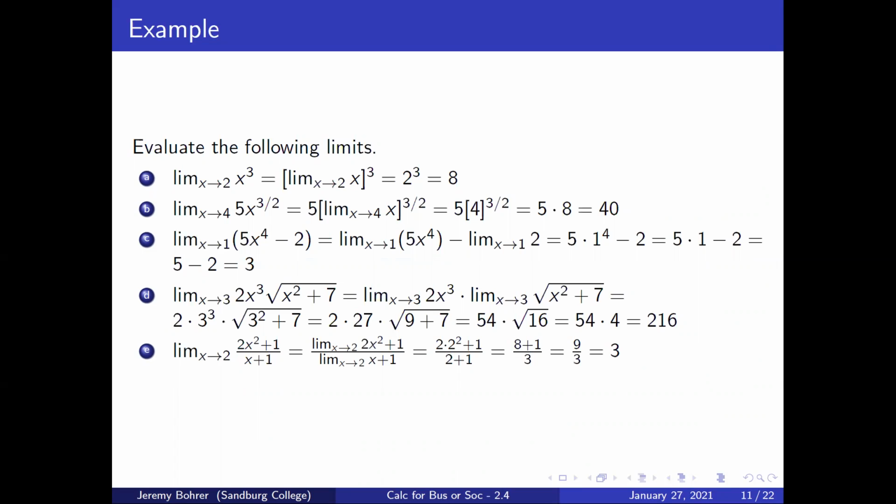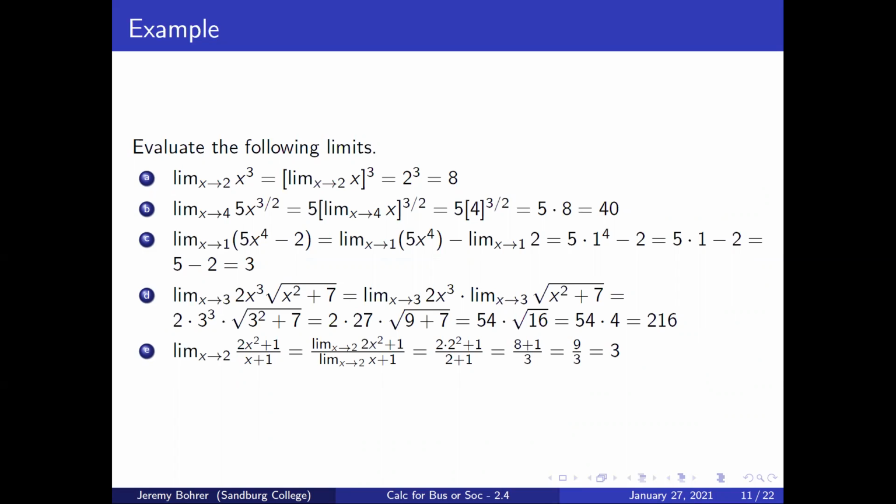The limit as x approaches 3 of 2x cubed times the square root of x squared plus 7 equals the limit as x approaches 3 of 2x cubed times the limit as x approaches 3 of the square root of x squared plus 7, which equals 2 times 3 cubed times the square root of 3 squared plus 7, which is 2 times 27 times the square root of 9 plus 7, which is 54 times the square root of 16, which is 54 times 4, which is 216.